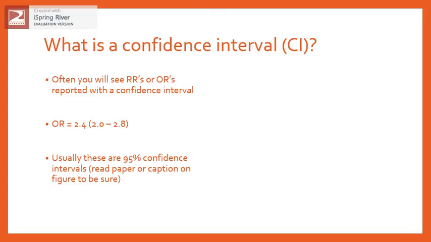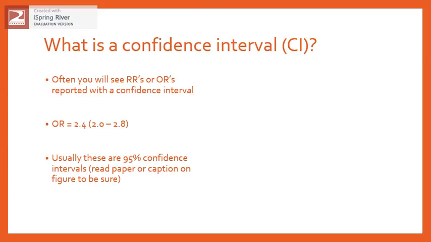Usually you will see relative risks or odds ratios reported with a confidence interval. It might look like this: odds ratio equals 2.4, and then in parentheses some range with the odds. The number of the odds ratio would be somewhere in the middle of that range, so 2.0 to 2.8 in this case.